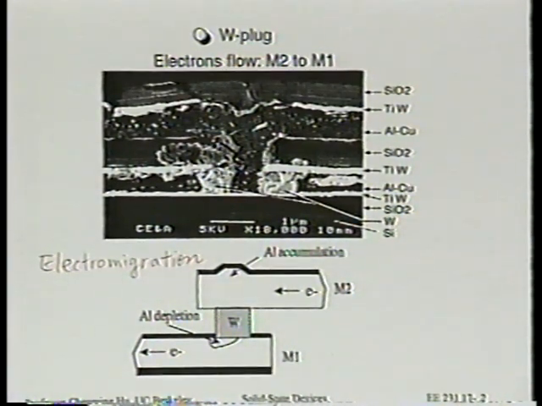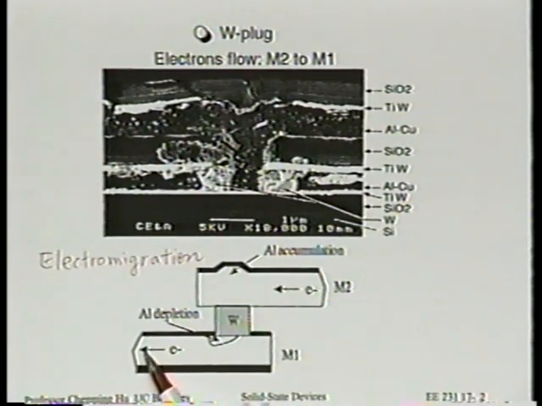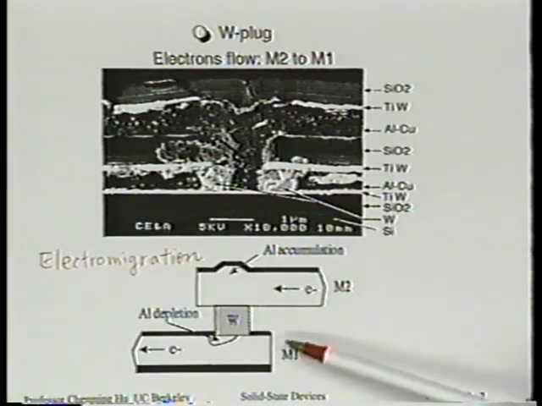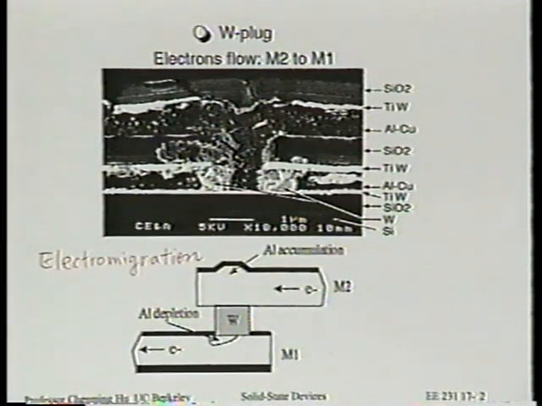I will give you one example. That's what happens at a via. The bottom of this page shows two metal layers. Let's consider the bottom layer M1, meaning the first layer of metal. The second layer is called M2, meaning the second layer of metal. Between two layers of metal, of course, we have some dielectric to insulate them. Holes are etched through the insulator in order to connect the first and second layer of metal.